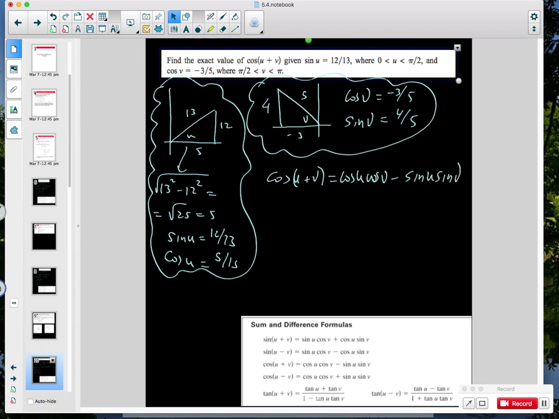So I get cosine of u is 5 over 13 times cosine of v, which is negative 3 over 5, minus sine of u, which is 12 over 13, times sine of v, which is 4 over 5.